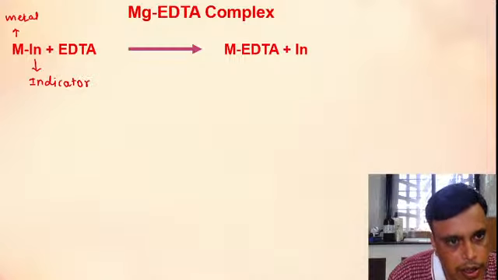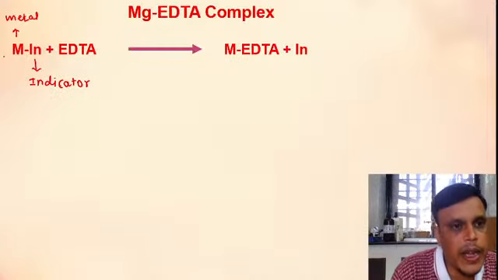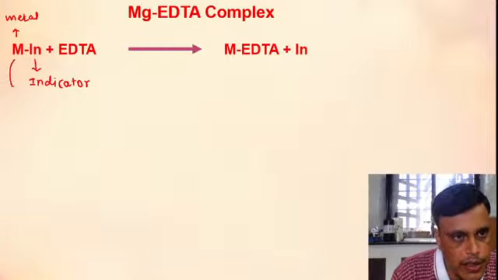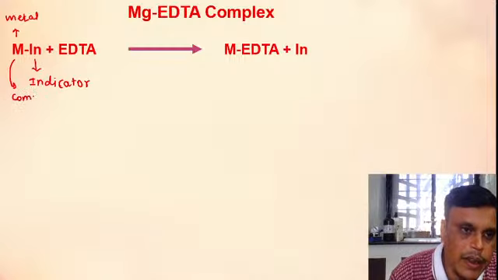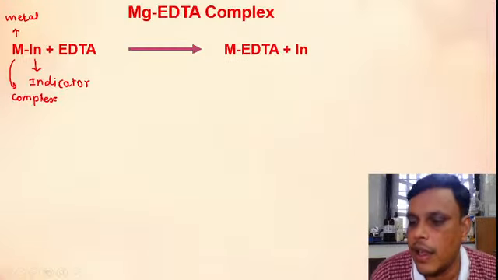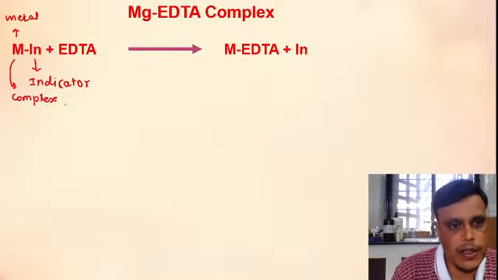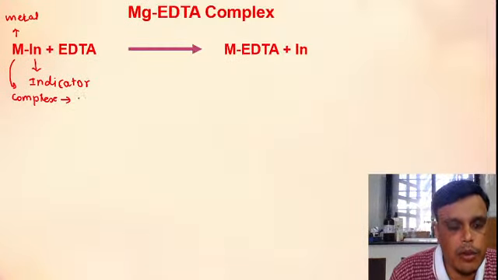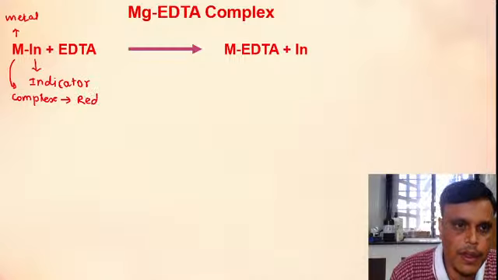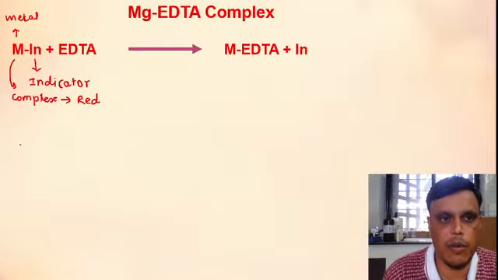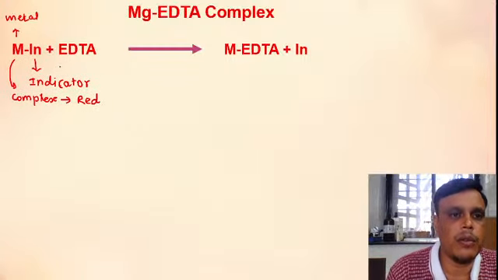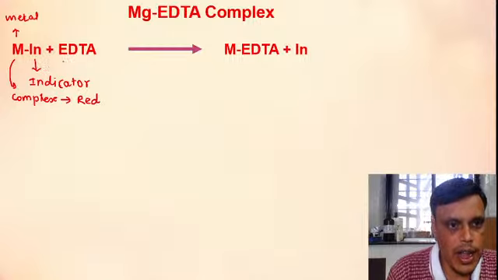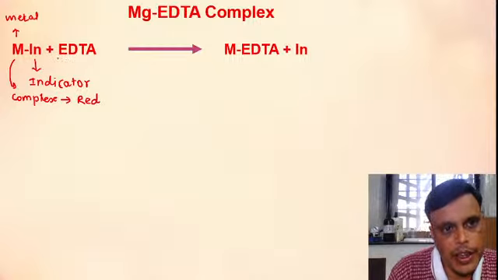So at the starting there is a metal indicator complex present, and the color of this metal indicator complex is red, and we are titrating, adding EDTA from the burette.